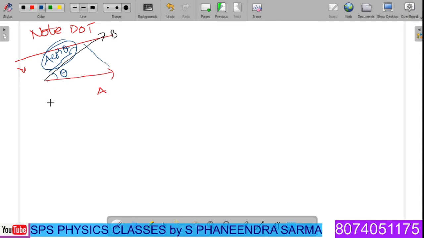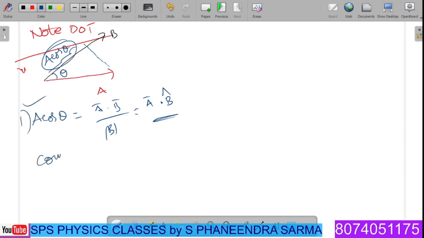Now in that case, I need the A cos theta value, which is nothing but A bar dot B bar divided by modulus of B, so A bar dot B cap. Therefore, this value is called the component of A bar along B bar.